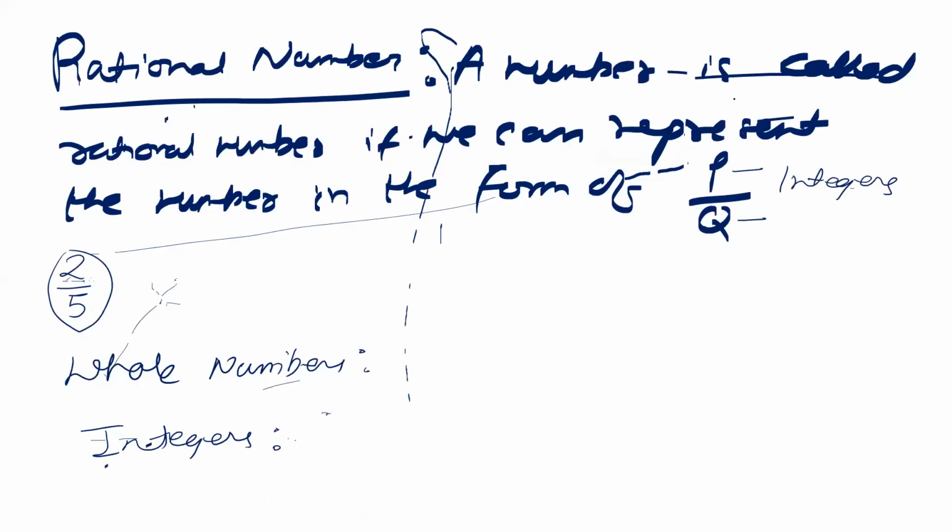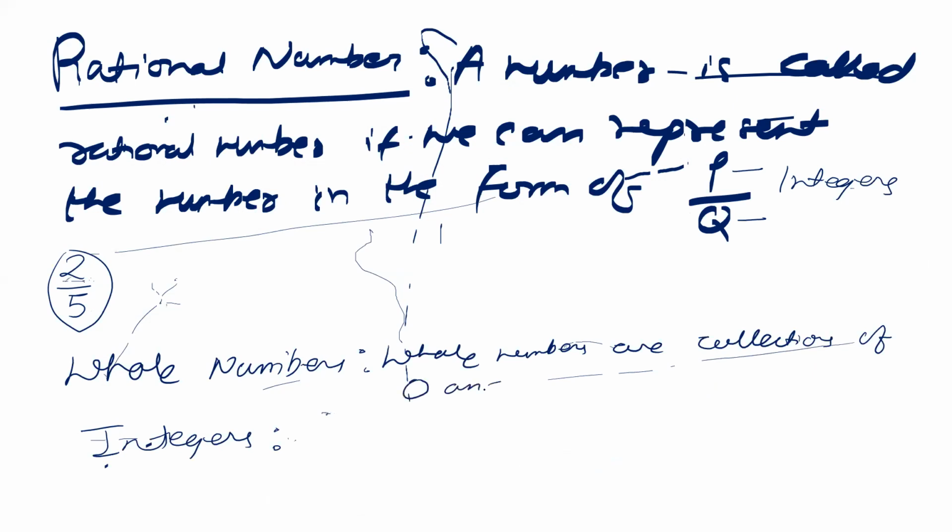So now we can say that whole numbers are collections of what? Of 0 and natural numbers. All right.